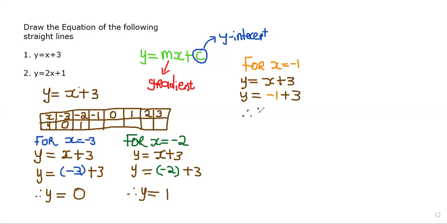Therefore, the y value is negative 1 plus 3, which is 2. So you go to your table of values and write 2. You continue.